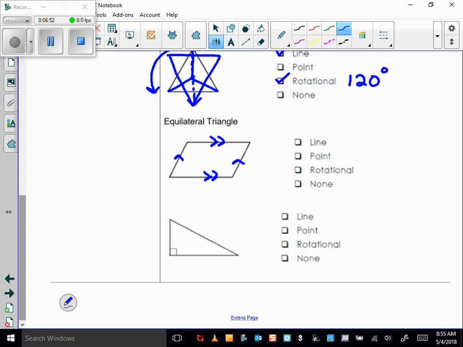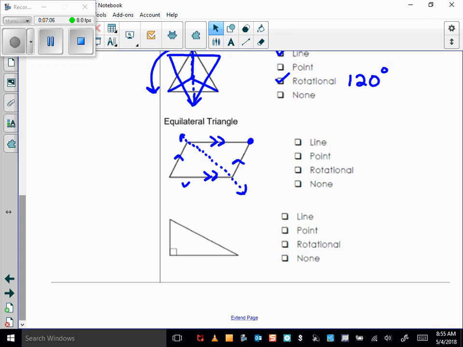You might be tempted to think that this would be a line of symmetry, but actually, if you folded this parallelogram along that line, this top point up here would end up down here somewhere. So we don't have line symmetry. Let me just erase that line.